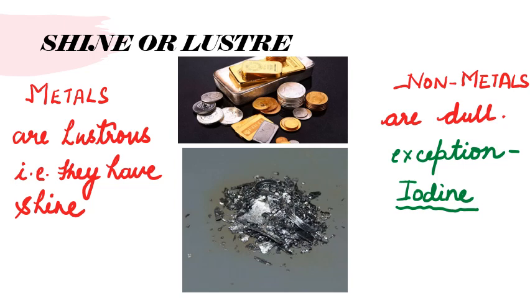Some metals like gold and silver have so much luster that they are used to make jewelries. On the other hand, non-metals are generally dull. The exception for non-metals is iodine. It is highly lustrous.